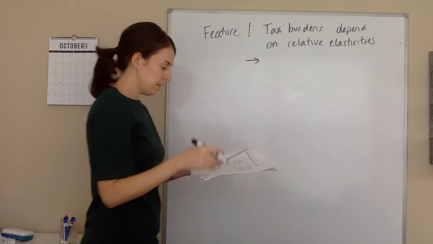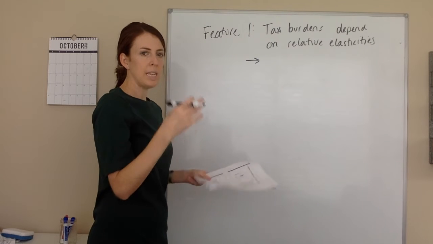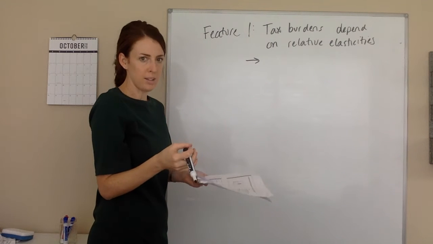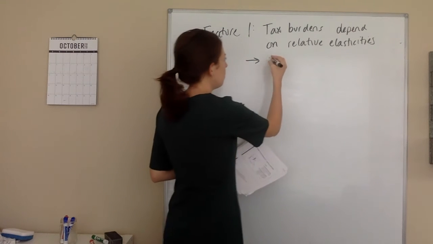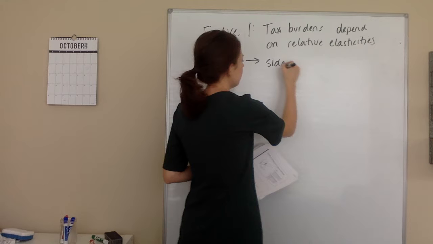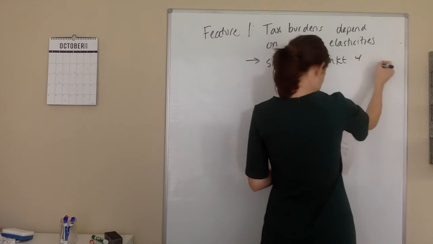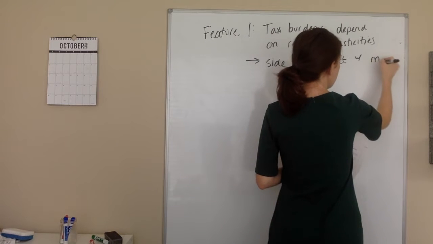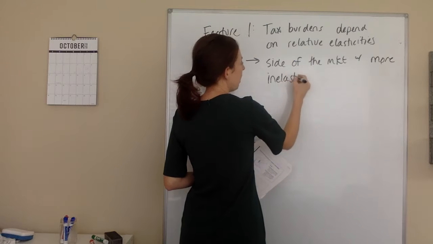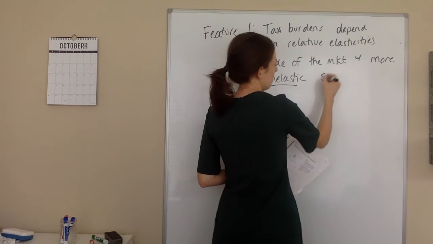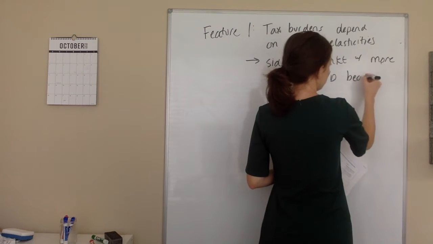The side of the market that has a more inelastic response is going to be the side of the market that bears the majority of the tax burden. So the side of the market with the more inelastic response, so again, they're not super responsive, supply or demand, whichever side of the market you're looking at, bears the majority of the tax burden.